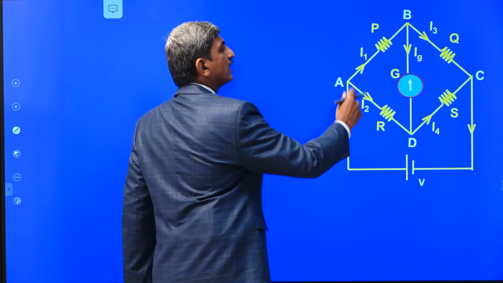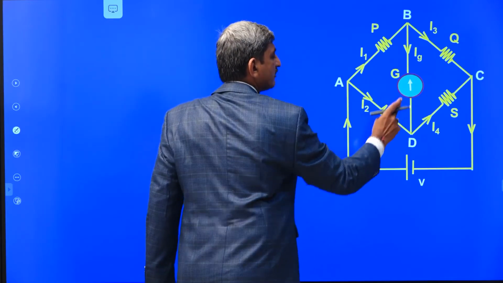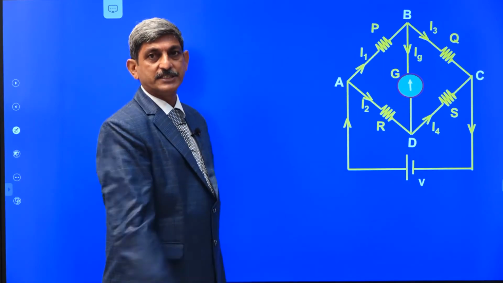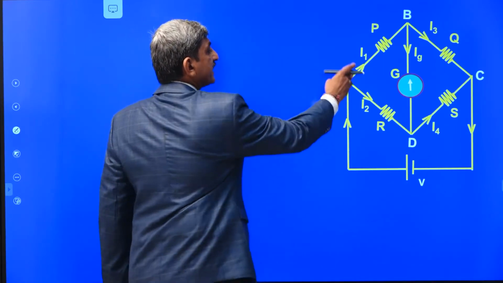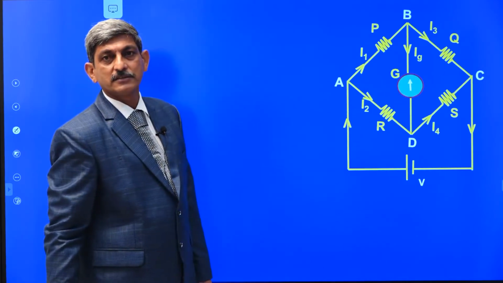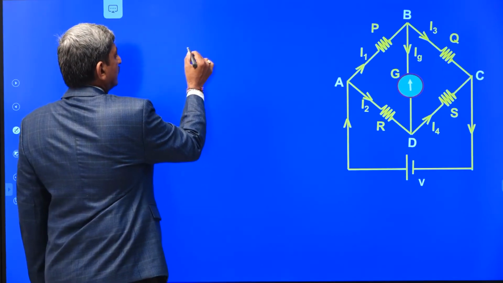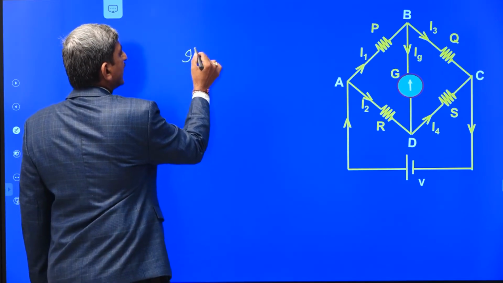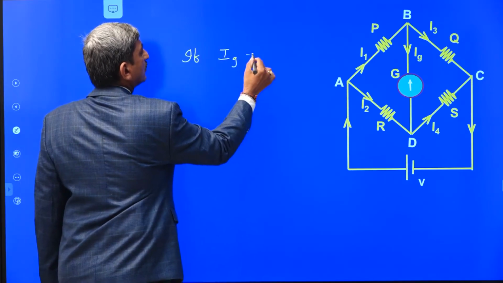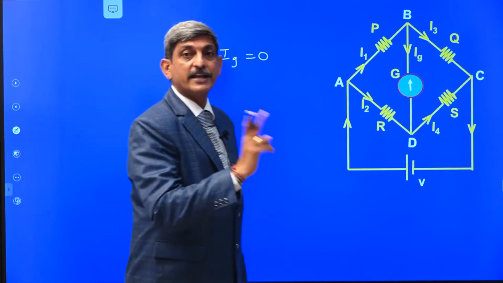The bridge consists of 4 resistors in the 4 arms, 1 galvanometer and 1 battery connected across the bridge. Different currents passing through the different branches are also shown in the figure. Here, if the current passing through the galvanometer Ig is equal to 0, we can say that the bridge is balanced.